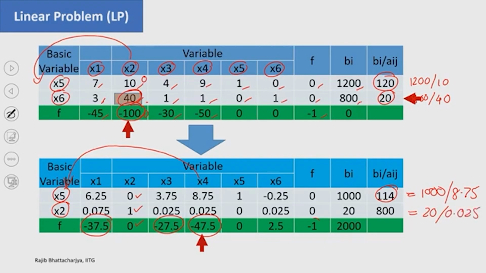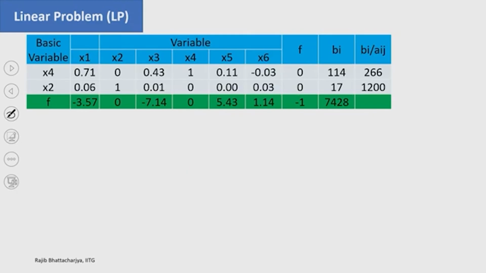Okay. So, I am getting 800. So, what I have to do? I have to take the minimum one. So, here the minimum one is 114. Therefore, this will be my pivoting element. So, I will make it 1 and for others I will make it 0. So, after that I am getting this table.